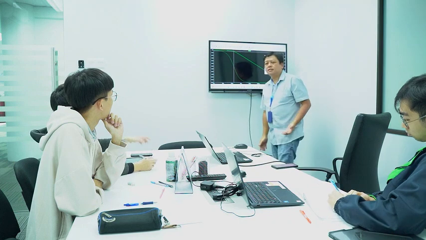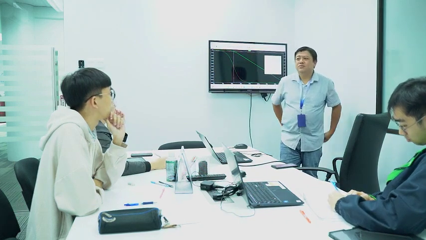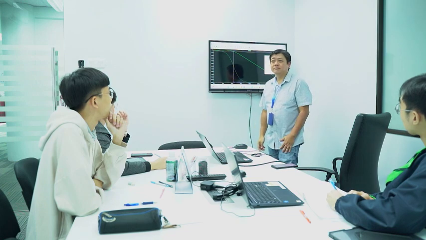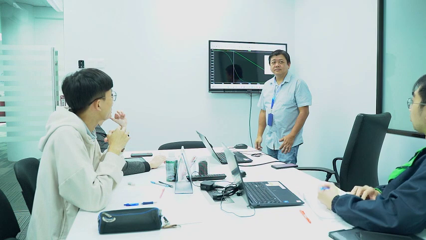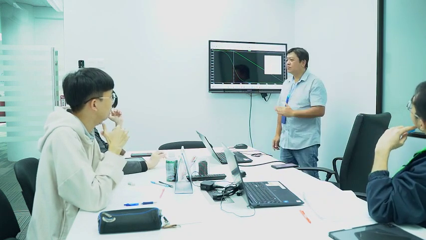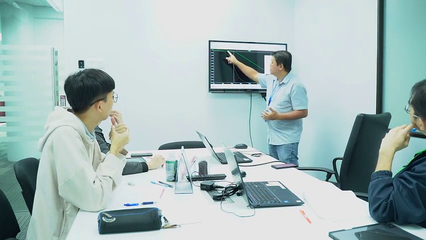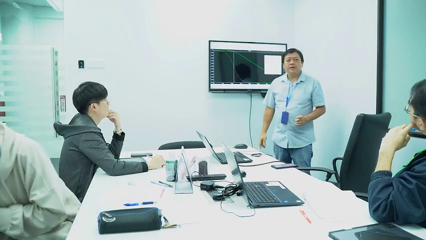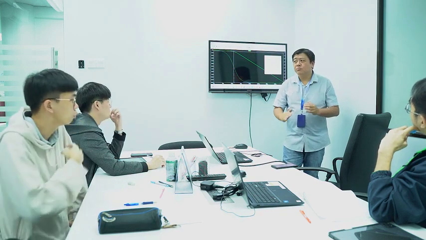Actually, in the Bode plot, you have the phase shift. This is a gain plot and this is a phase plot. When we translate to the time domain, what is that parameter?